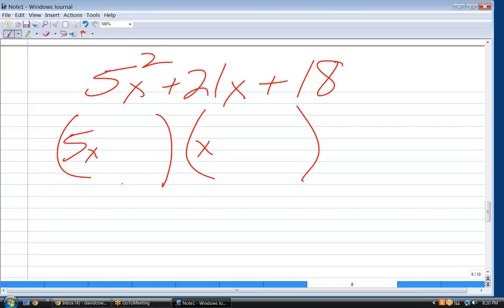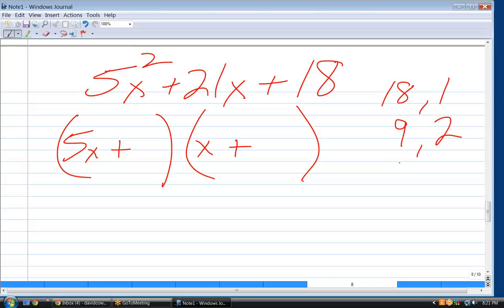What are my signs? It can be a positive and a positive. Yeah, that's going to make it even easier. What are my factors of 18? Sorry. Let's see. It's going to be 9 and 2. And then, let's see, divide that by 3, multiply that by 3. Oh, okay.